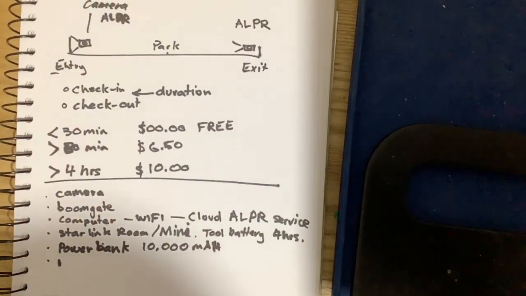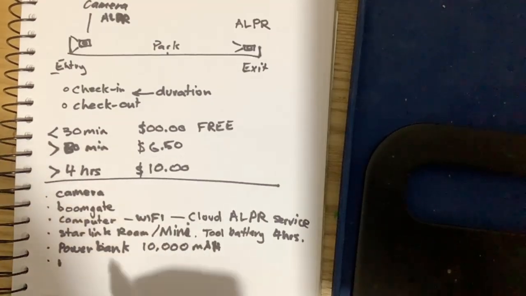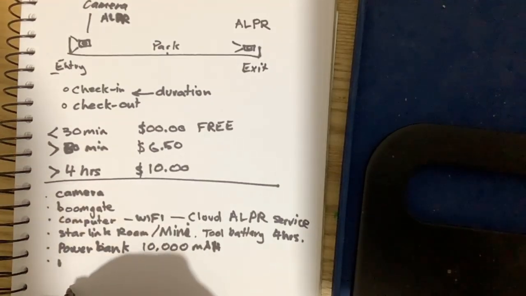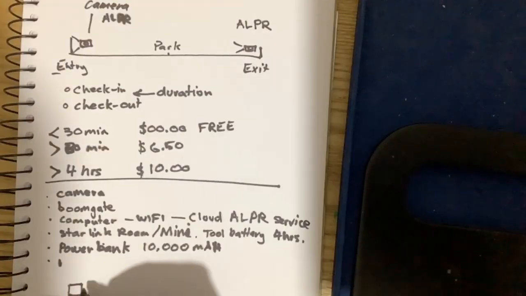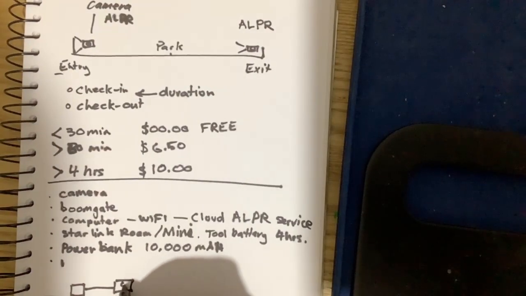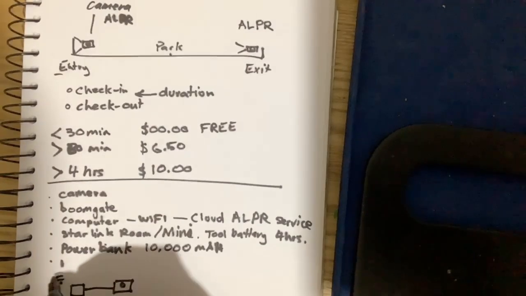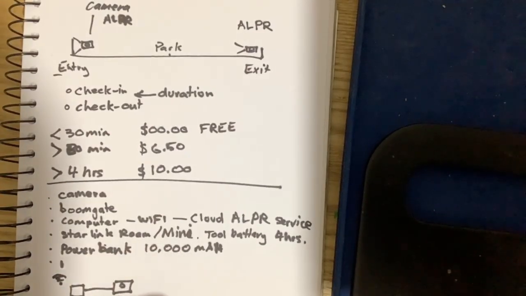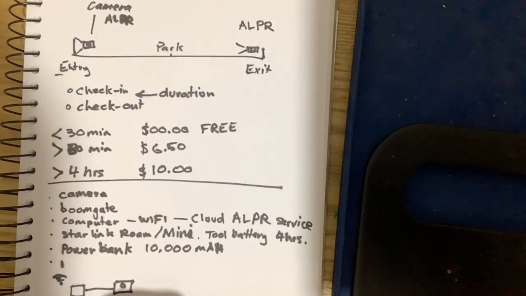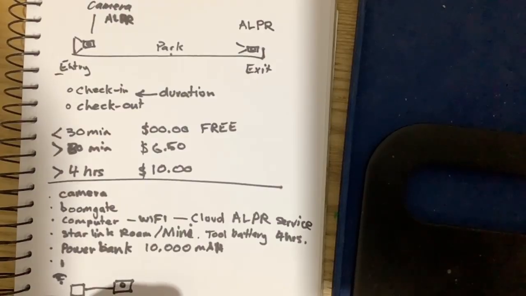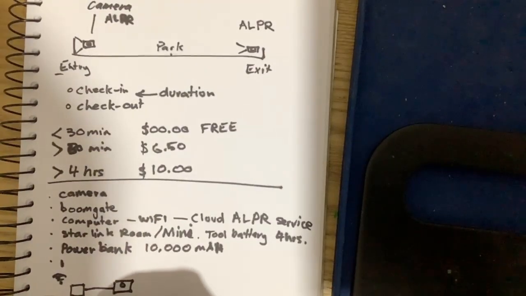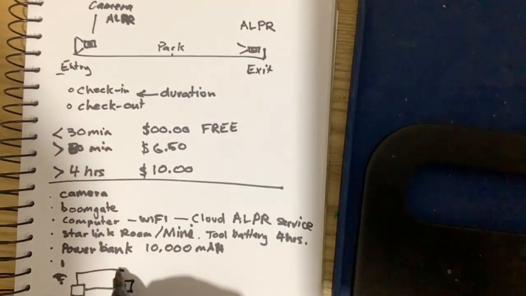Okay, what's next? Camera, so let's think about it. So we have our computer, which connects to a camera, which connects to the internet via a Starlink. That's a computer, that's a camera, and this computer will then also need to connect to a Boomgate.